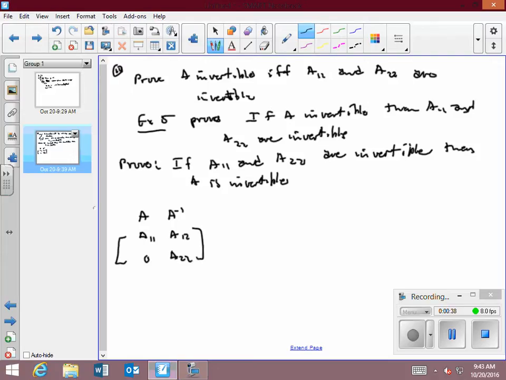The candidate for that invertible matrix is given there on page 122 as A11 inverse, minus A11 inverse A12 A22 inverse, 0 and A22 inverse.